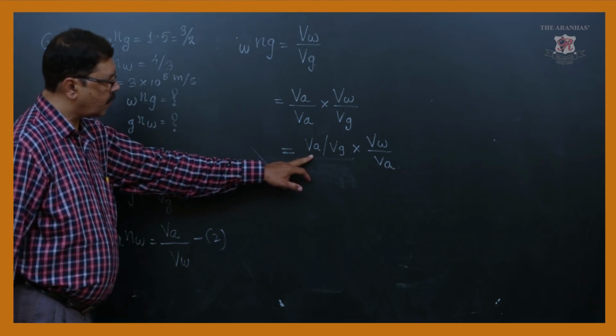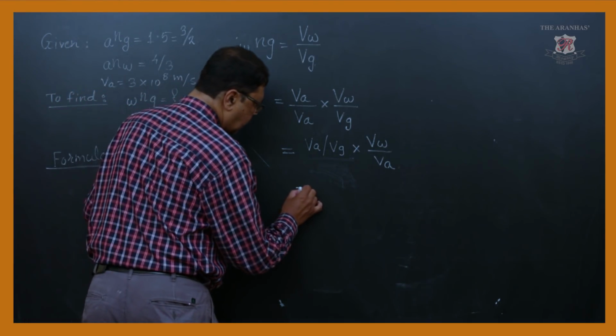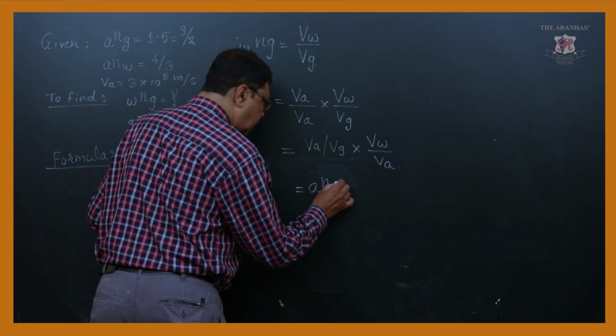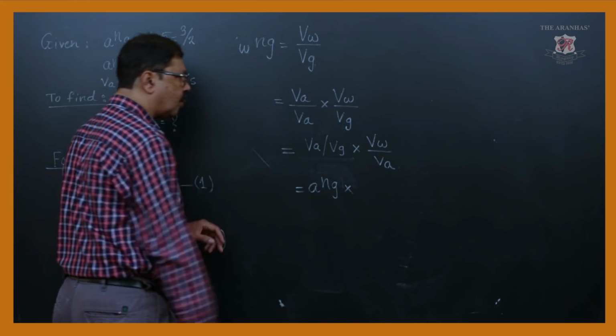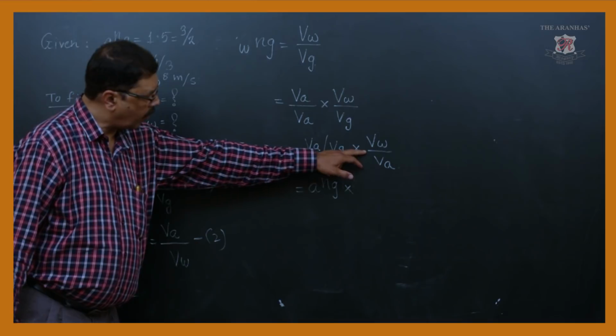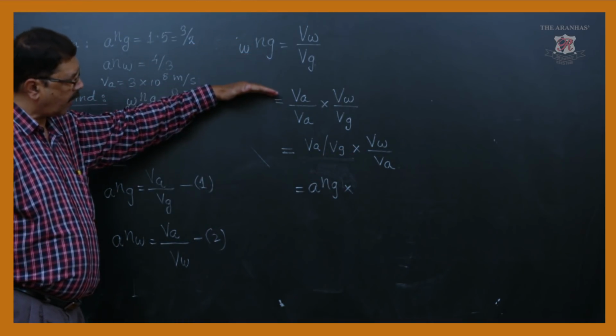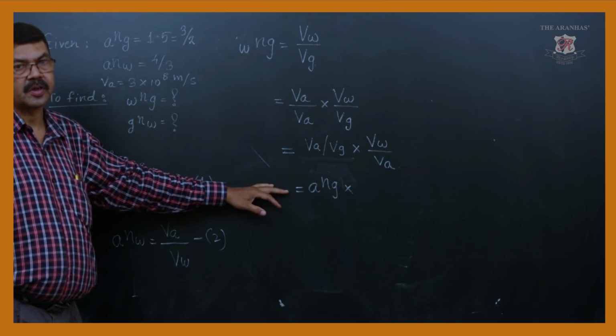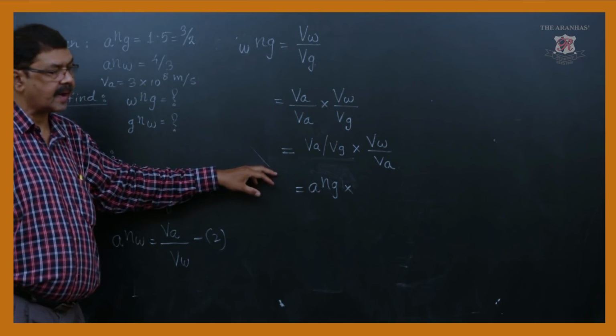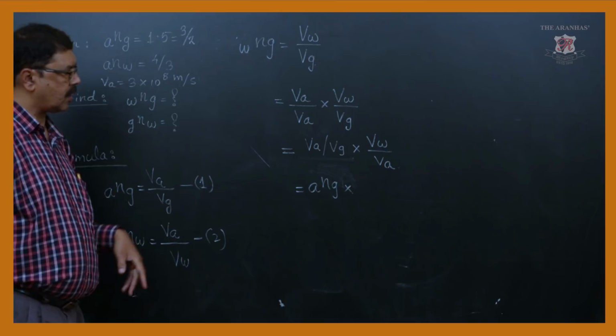What is this VA upon VG? It is aNg into, again modify this. Now you can remember the final formula. In the exam you don't have to carry out all this procedure. This is for your understanding of how the formula is generated.